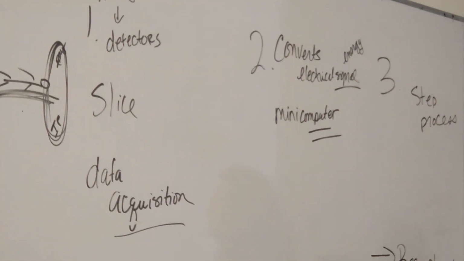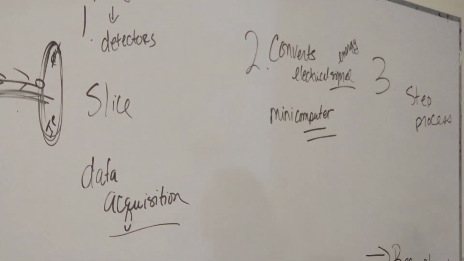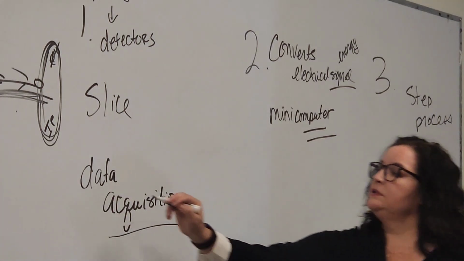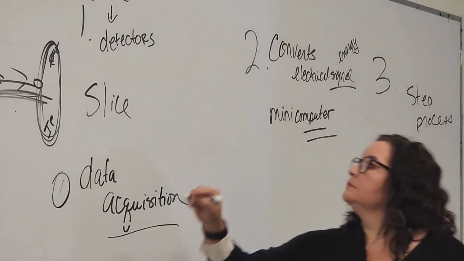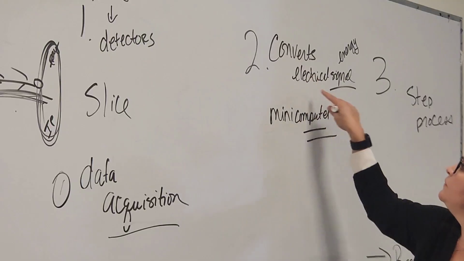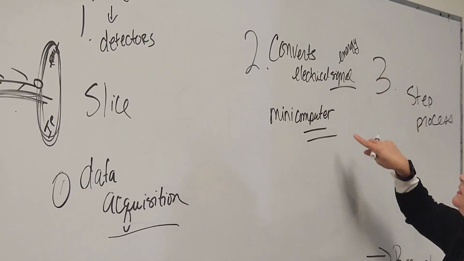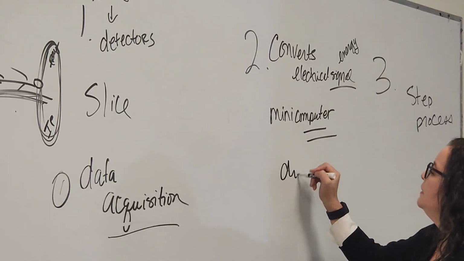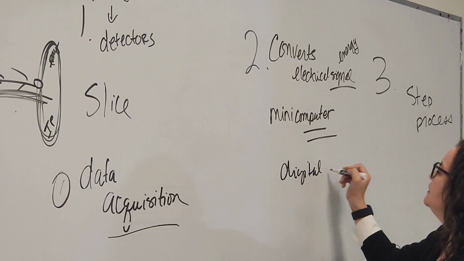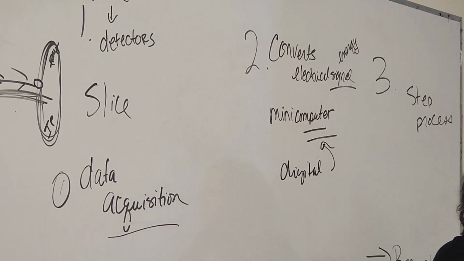Good old wonderful computer. So the next step in the process is now we're going to convert. First step was data acquisition. Second step is convert the electrical signal into a digital one, and that is going to be done by a computer.